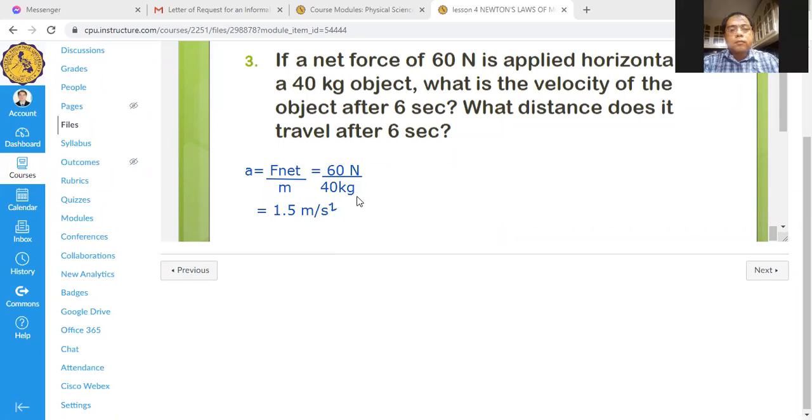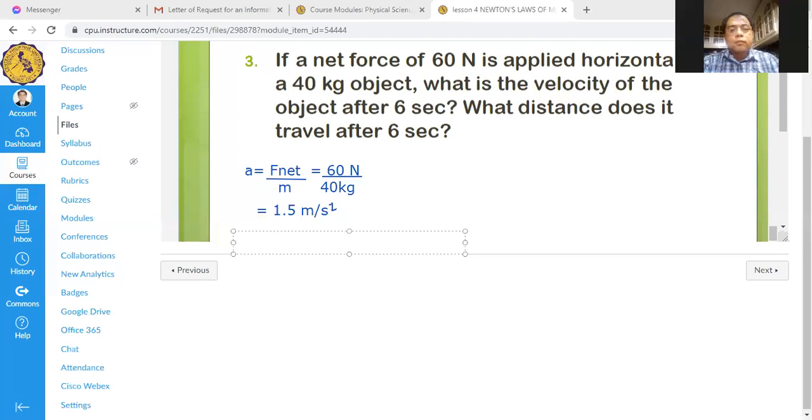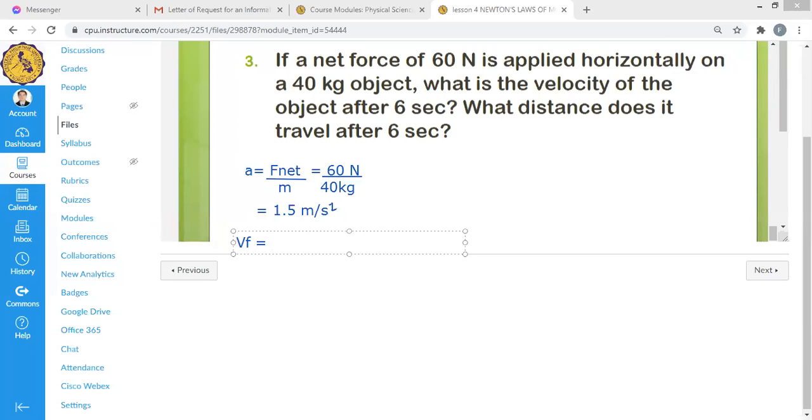Now once we know acceleration, the first unknown, or first item to locate, is the VF value. So final velocity should be VI plus AT. And again, we recall our equations early on in our rectilinear motion, and we realize that they are kind of connected. If the body started from rest, and that's our assumption probably, otherwise we will not be able to find this.